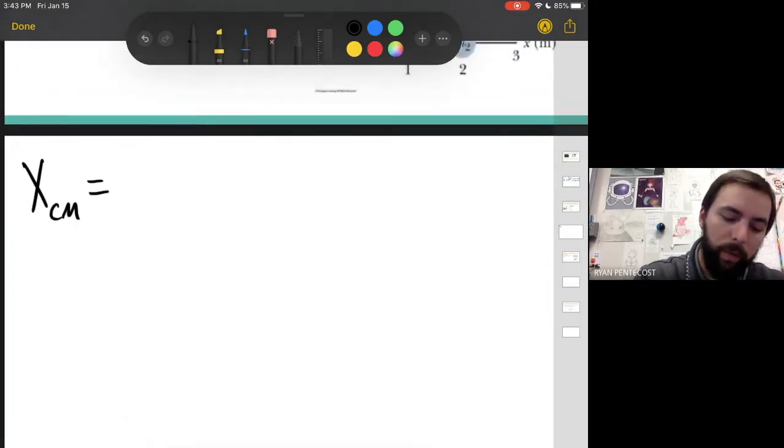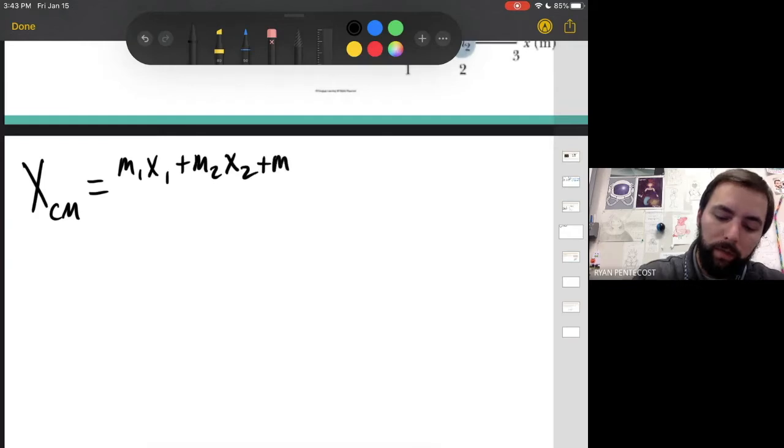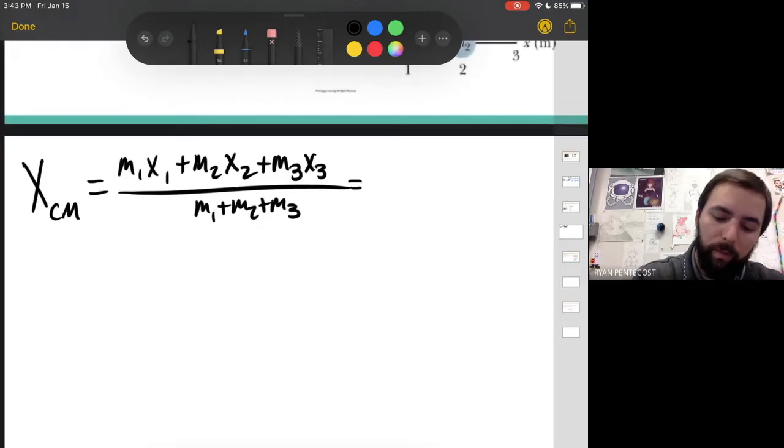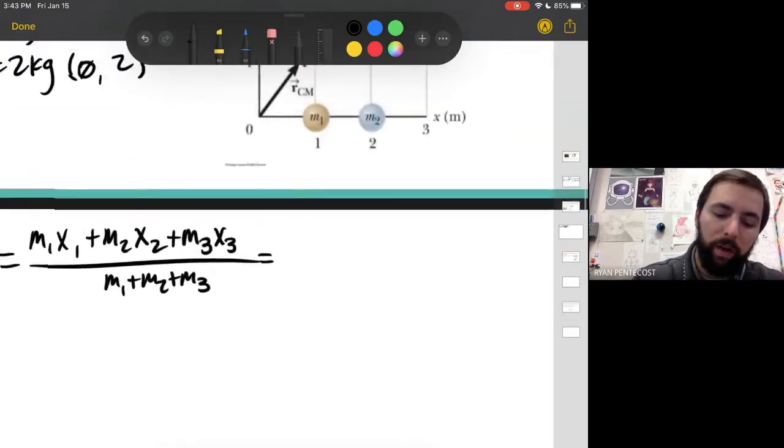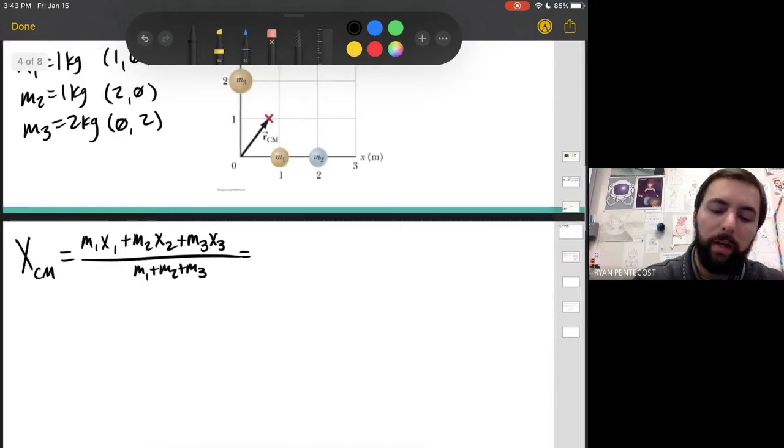X center of mass would be mass of 1 times the X value of 1, plus mass of 2 times the X value of 2, plus mass of 3 times the X value of 3, all divided by the sum of masses, right? So we can say first off, mass 3 has no X dimension to it, right?